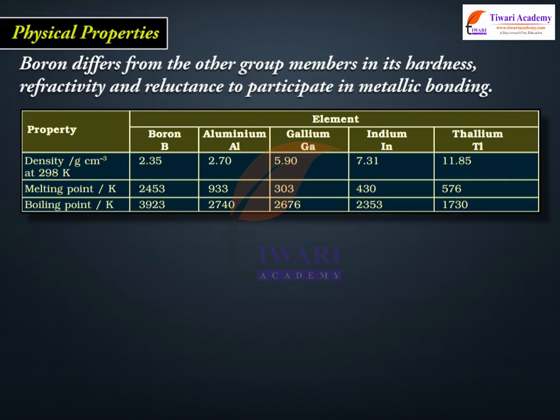The relative stability of the +1 oxidation state progressively increases for heavier elements: aluminium less than gallium, less than indium, less than thallium. In thallium, the +1 oxidation state is predominant. The compounds in +1 oxidation state are more ionic than those in +3 oxidation state.